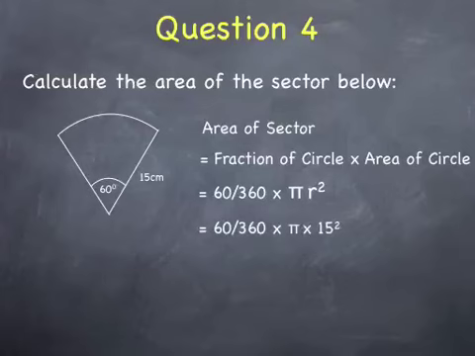So we type in 60 divided by 360 times pi times 15 squared, because the radius is 15. And our answer, 117.8 square centimetres. You may want to look at that one again. But it's the fraction of the circle times the area of the full circle.